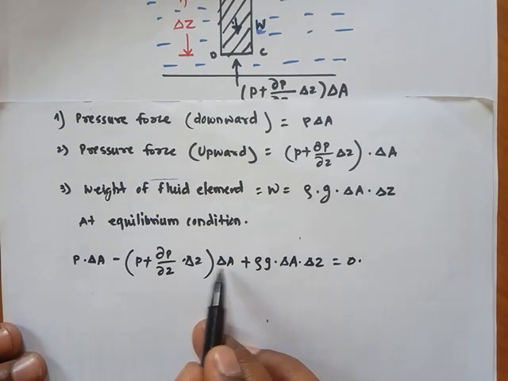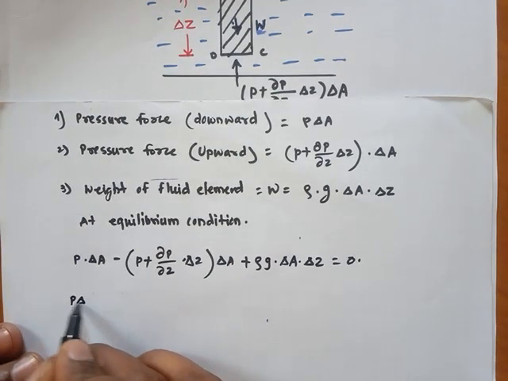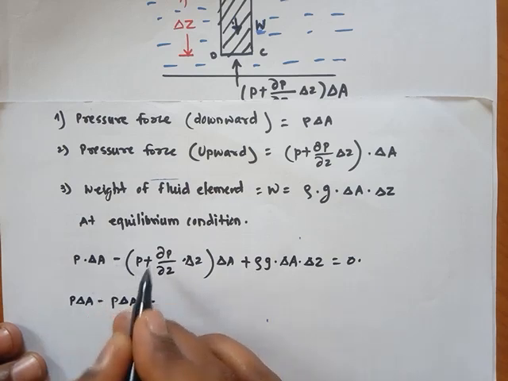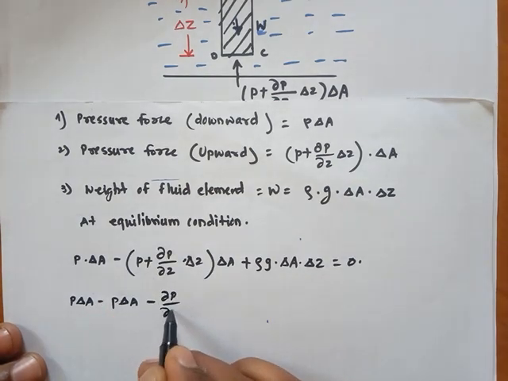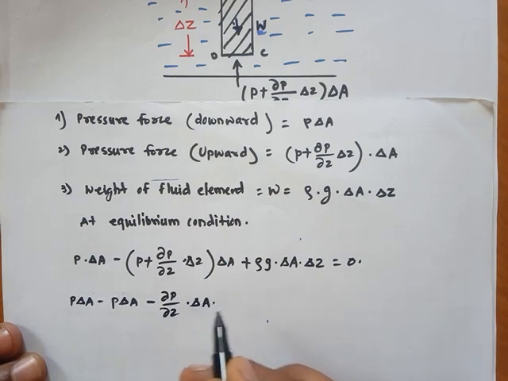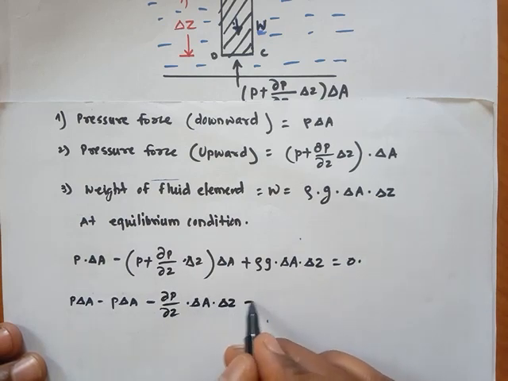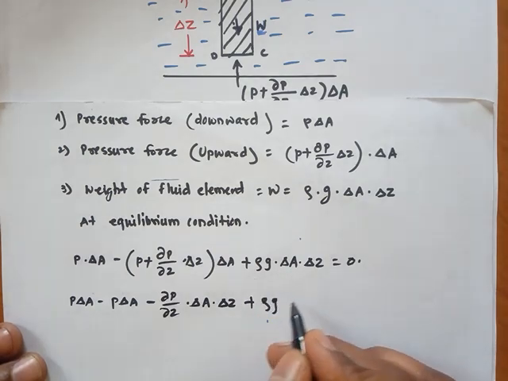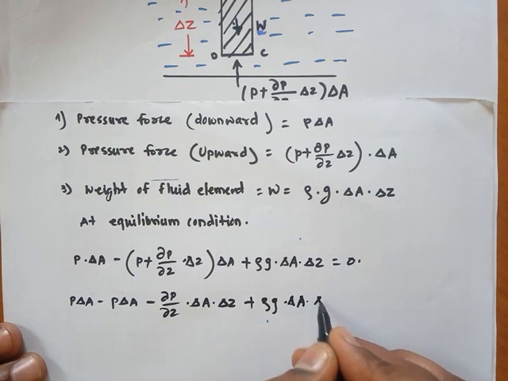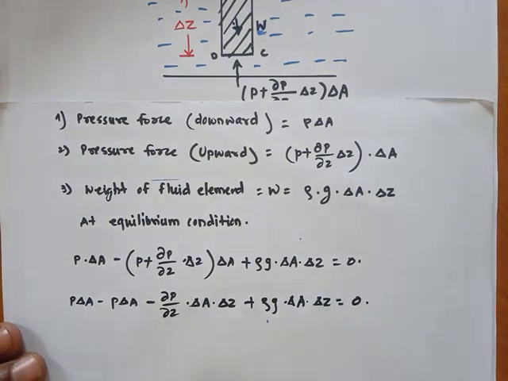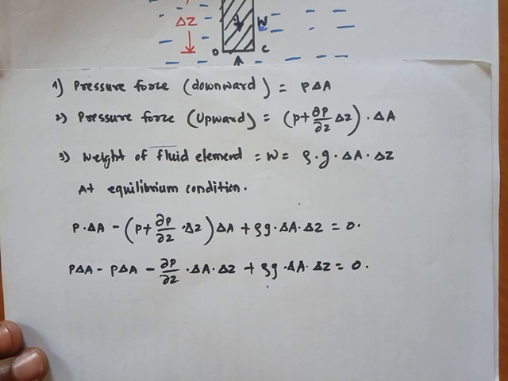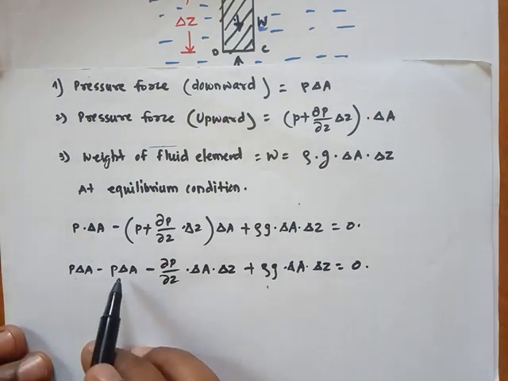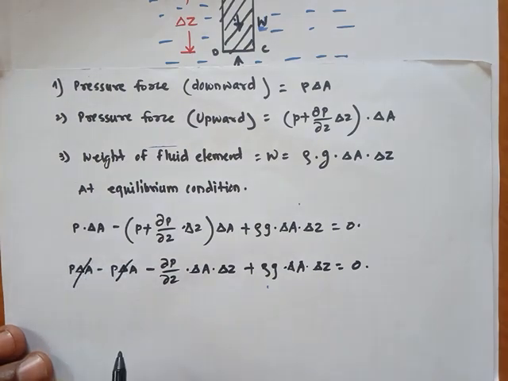Now we multiply the area into the bracket. We have P delta A minus P delta A minus delta P by delta Z multiplied with area into delta Z, plus the weight of the fluid element as it is, rho g area into delta Z, is equal to 0. Now this is plus and this is minus, they cancel.